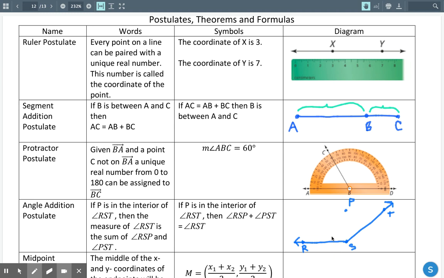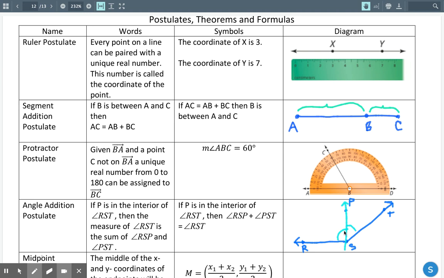Then the measure of RST, so this whole thing, is the sum. Sum means add. I'm going to switch color here again. Okay, is the sum of RSP. I drew that line a little too far. That's okay. So this angle plus this angle, PST.